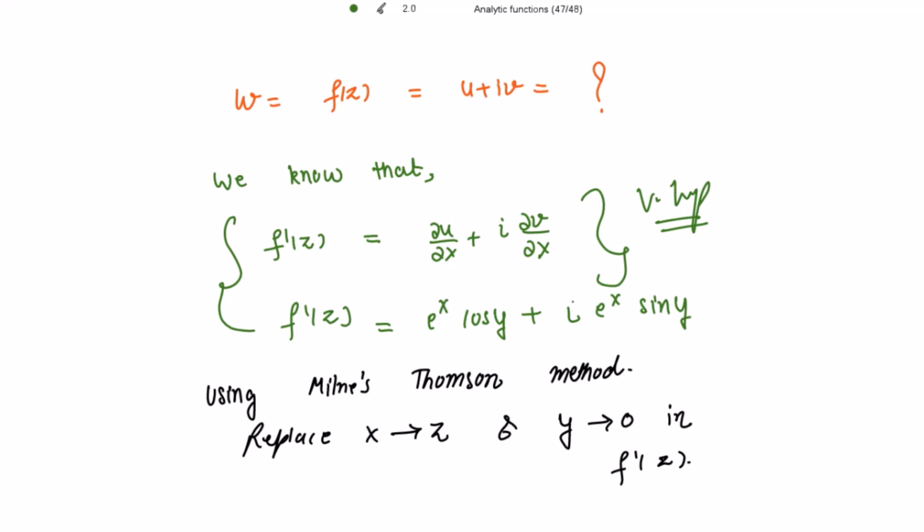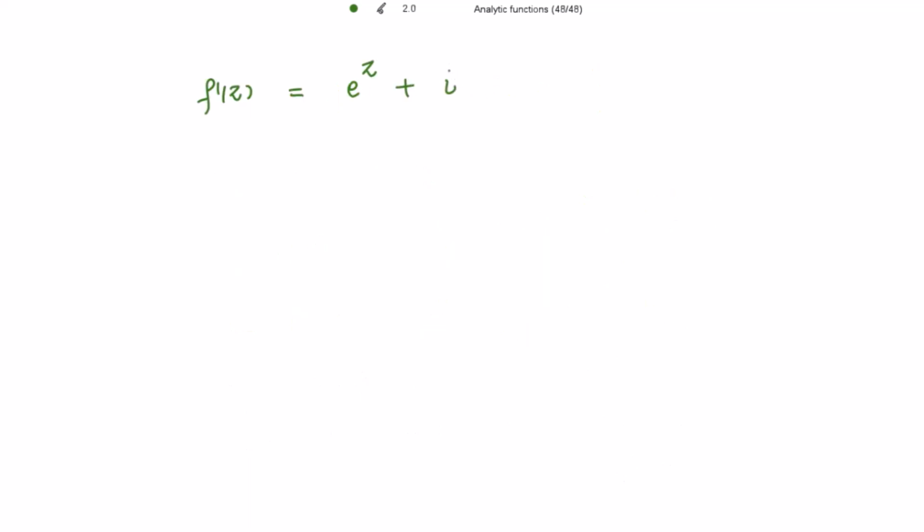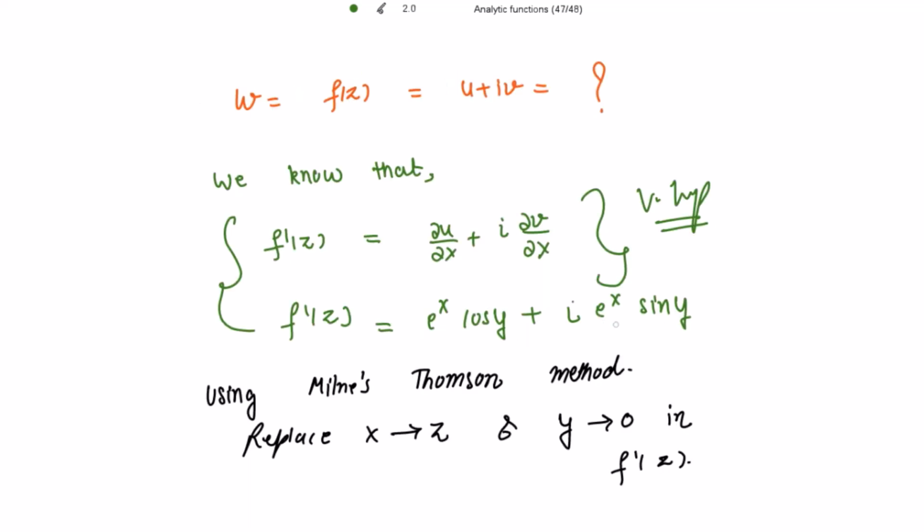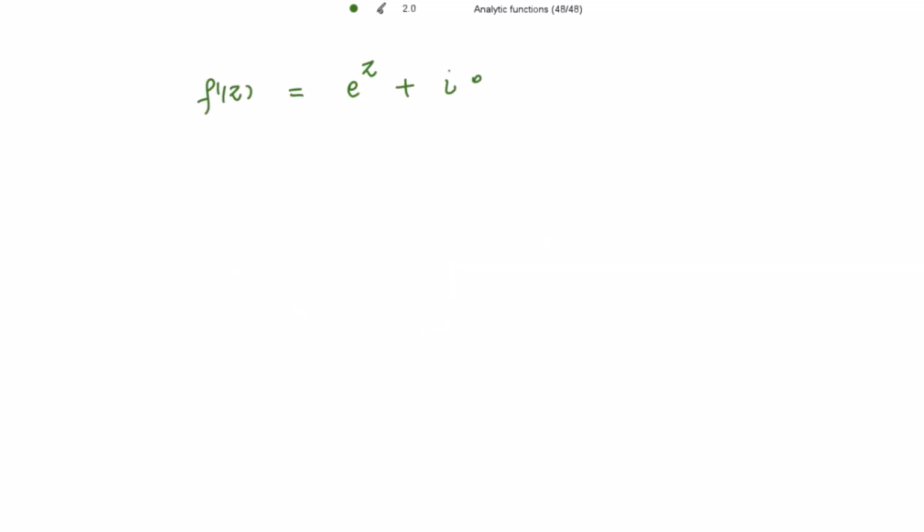Replacing x with z, it is e^z and cos 0, since y is replaced with 0. So cos 0 is 1. So we get e^z plus i, again e^z into sin 0, which is 0. So this is e^z only. f'(z) is e^z only.